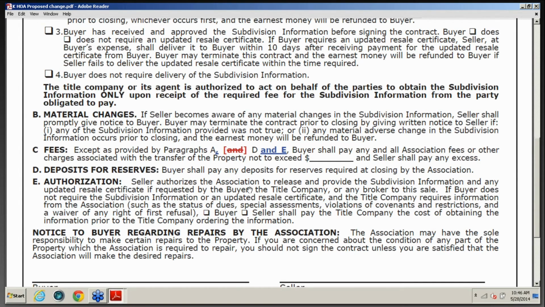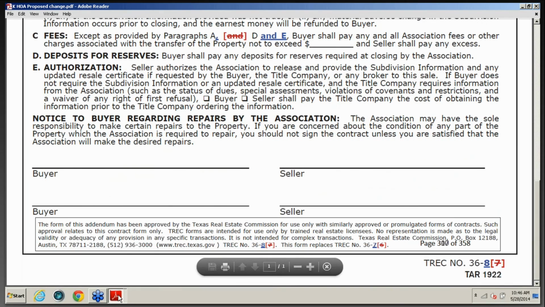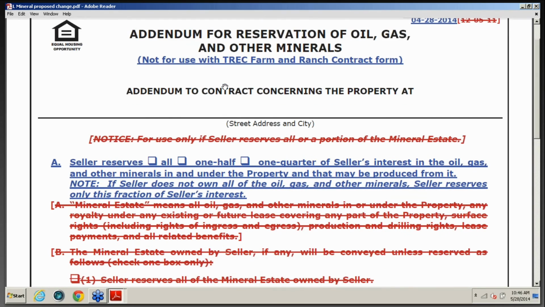That was the only change on that particular one. Now here's the biggie. Again, these are up for grabs, so we don't have these as this is the way it's going to be.